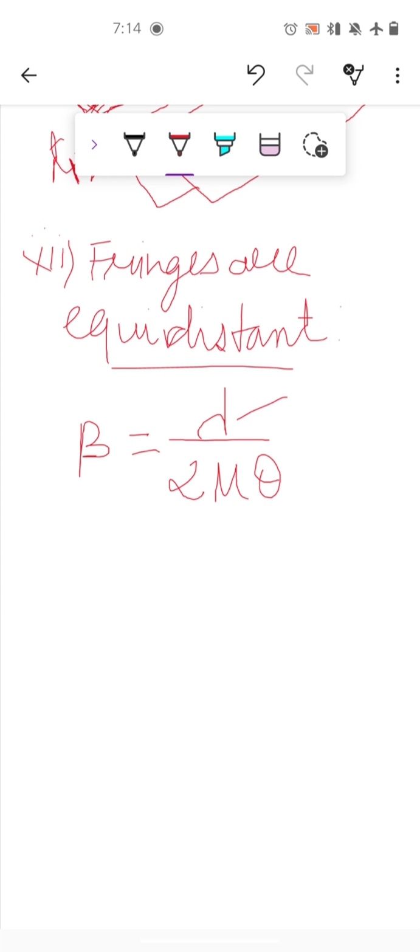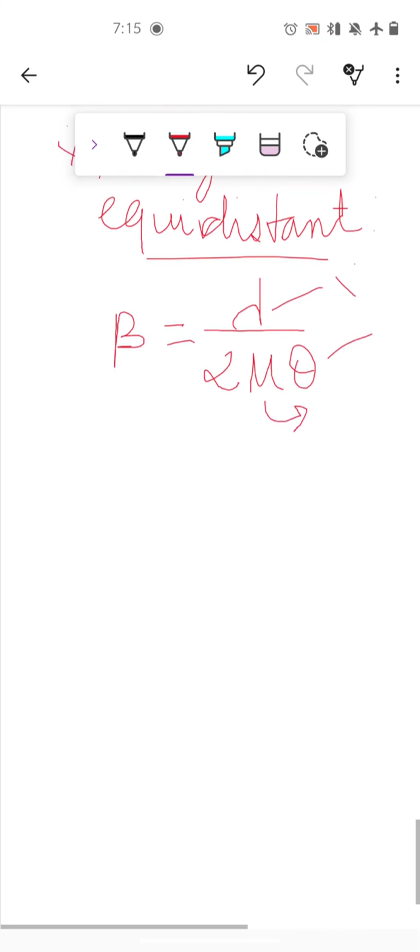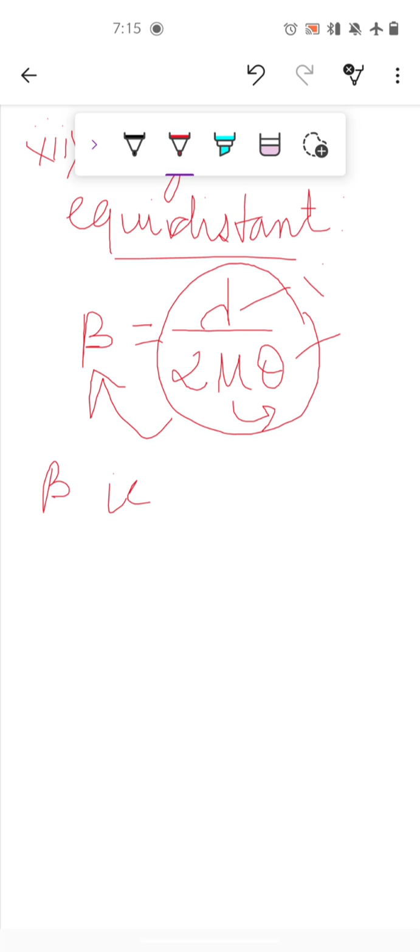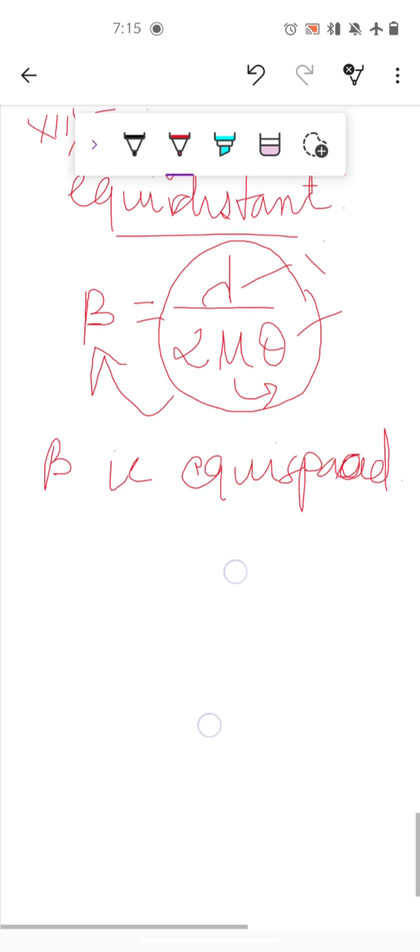In the same experiment we will not change the light, so lambda remains constant, and theta also is a constant for a particular wedge shaped film, and mu will be constant for the material of the wedge. Due to all these values being constant, beta remains constant. If beta, the fringe width, is constant, we get equispaced or equidistant lines. This is the condition.